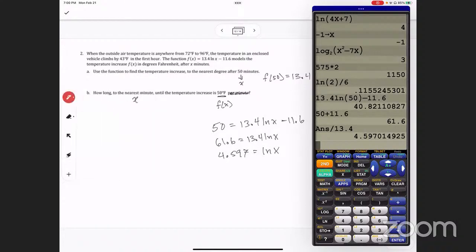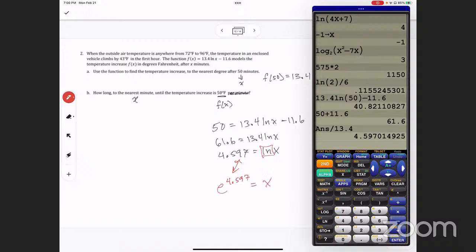So remember that trick I taught you? Convert it. This is log base e, right? So it's e to the 4.597 equals x.